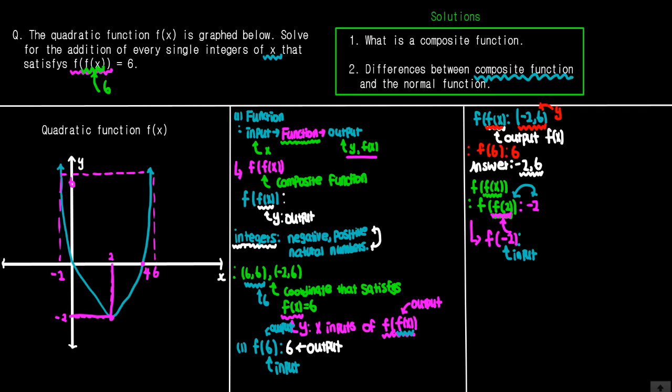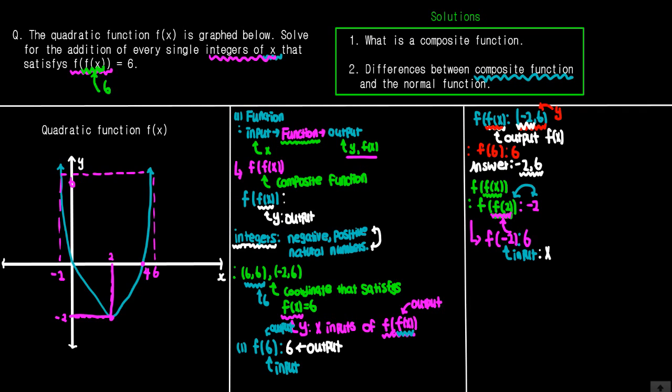So f of negative 2 is the same thing as negative 2, 6, because the input is the same as the x value, and negative 2 is also an x value. So this is going to be the 6, which satisfies every single integer of x that satisfies f of x is equal to 6.